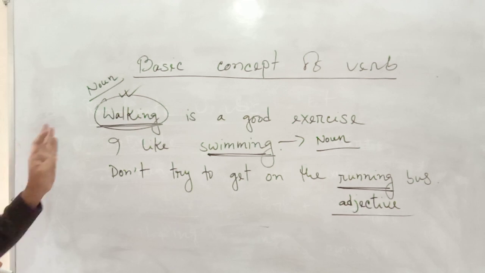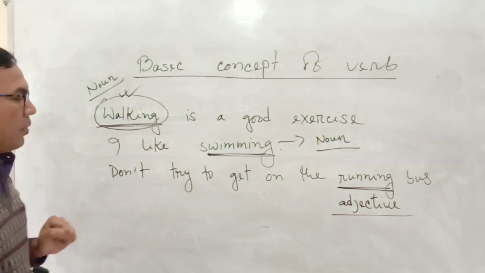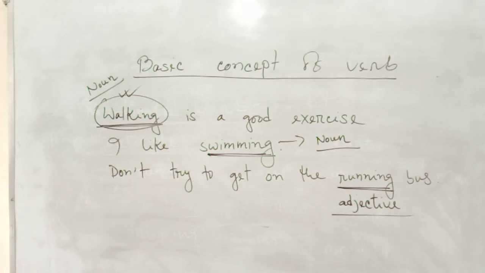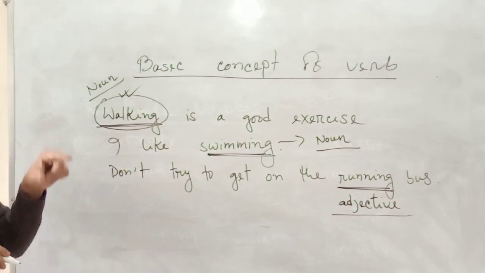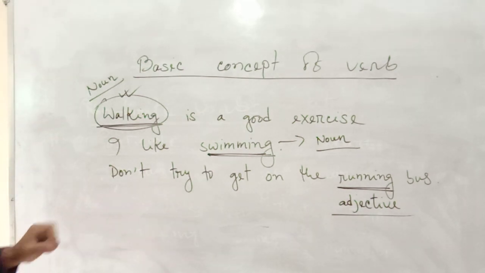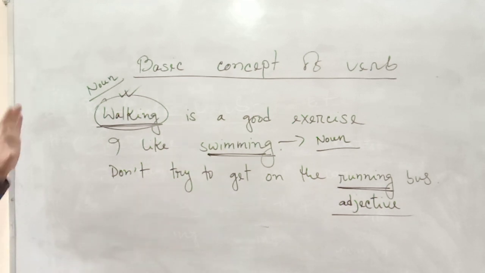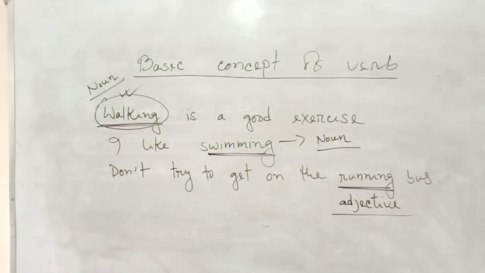Flying bird: flying is the adjective, and so this is a present participle. Rising sun: rising modifies the noun sun, so this works as an adjective, and this is also a present participle. So I hope you can clearly understand the difference between present participle and gerund.